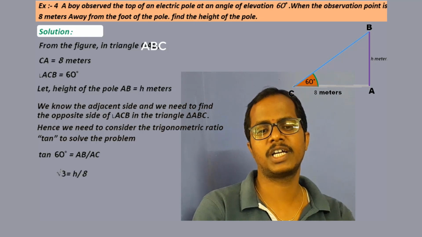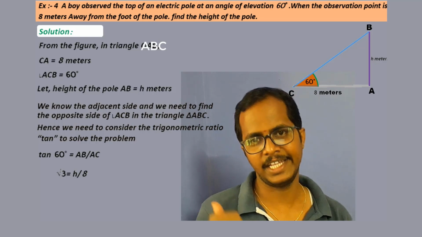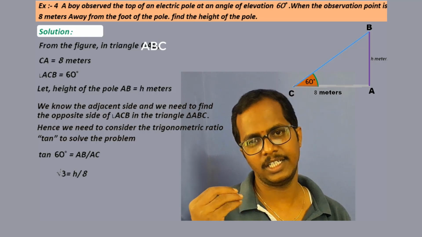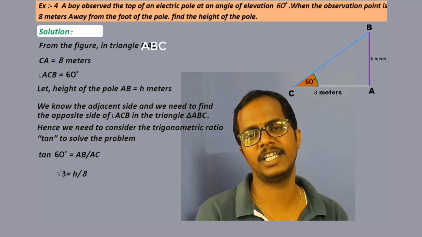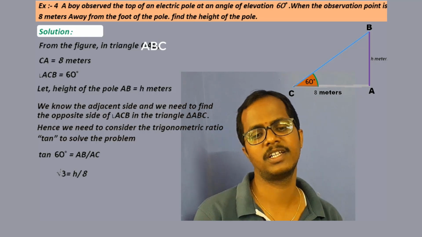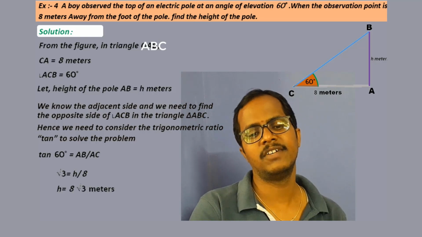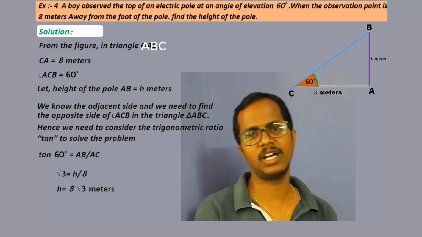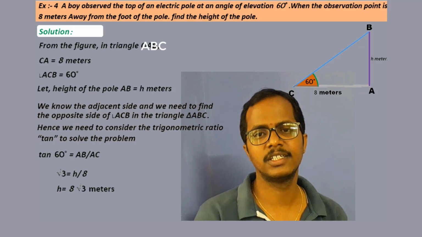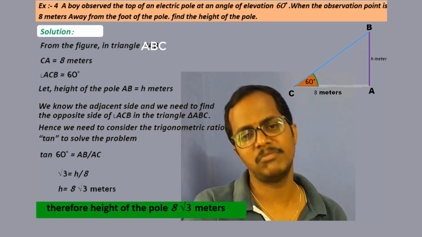Then if we substitute the corresponding values, we get root 3 equals h by 8, where AB height we assume as h meters and the length of AC is 8 meters is given. And transposing 8 to left hand side, we get h is equal to 8 into root 3 meters, which is the height of the pole. Hence we get the height of the pole 8 into root 3 meters.